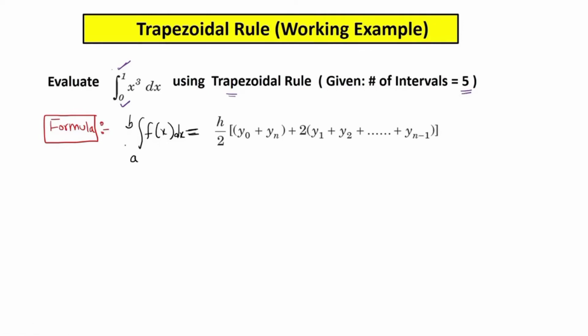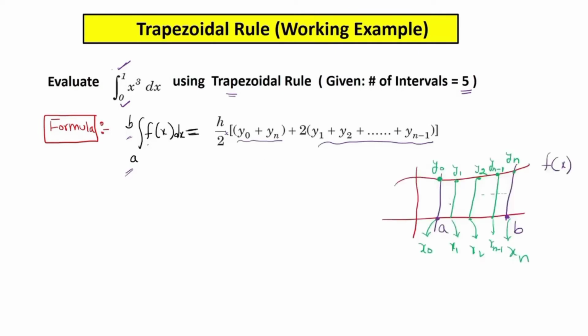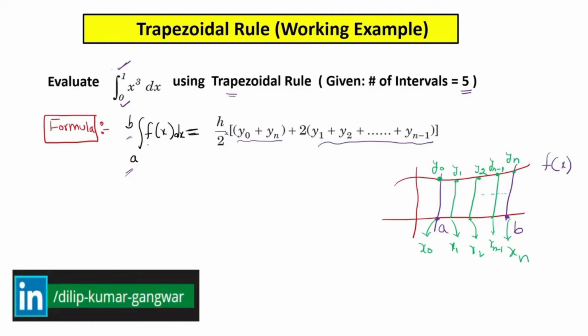So this is the formula for the trapezoidal rule. If we have to integrate f(x) between a and b, the formula says h by 2 multiplied by the sum of y0 and yn, plus 2 multiplied by the sum of all the remaining terms. So what are y0, y1, y2? We had seen that this is the function f(x) and these are the points a and b. The points on the x-axis are x0, x1, x2 and so on.